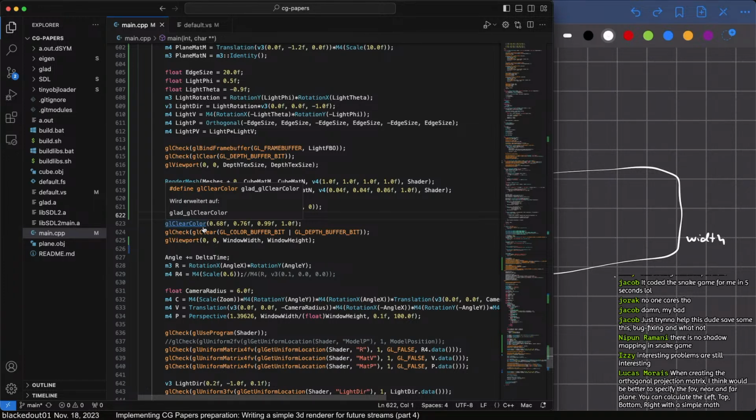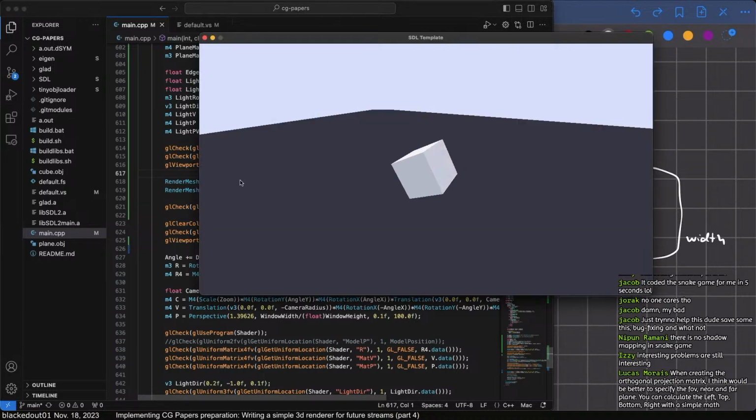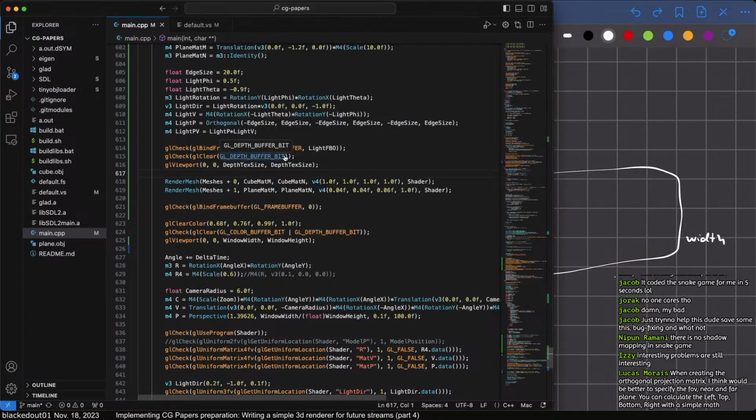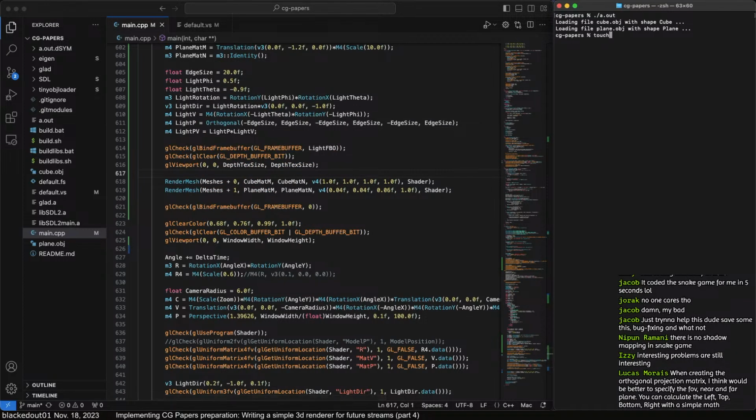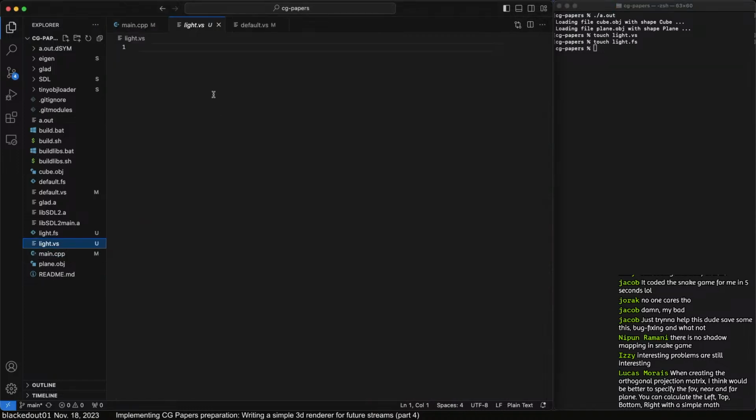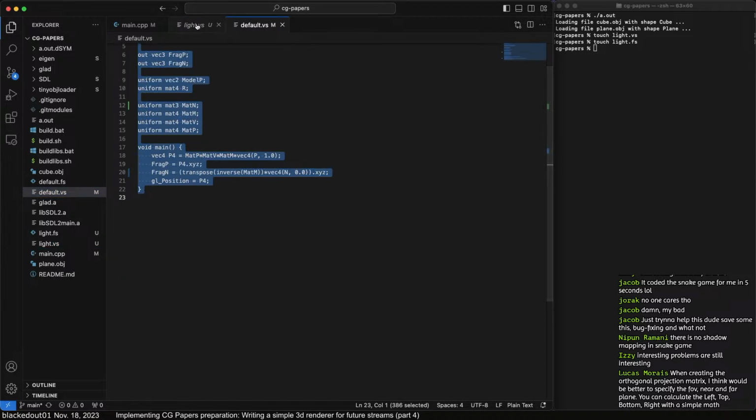But fortunately, they are really simple. This is running still. So we can just create, for example, a light vertex shader and a fragment shader. And yeah, the nice thing is we can copy these and remove a bunch of stuff.